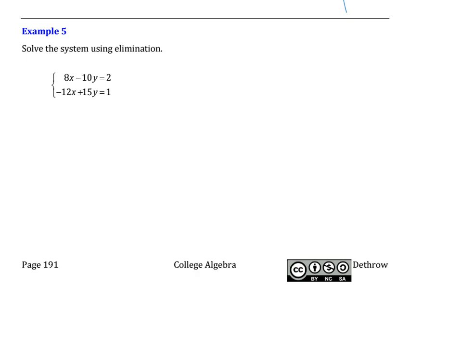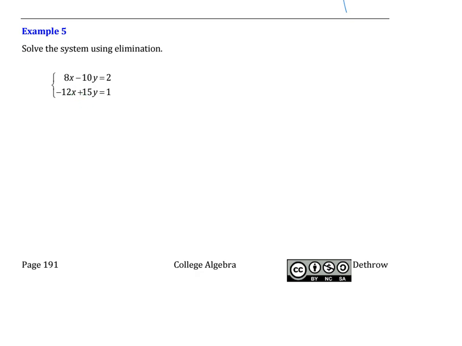Example 5. So we have 8x minus 10y equals 2, and negative 12x plus 15y equals 1. So let's go ahead and try to find coefficients that would be equal and opposite. If we look at the y's and try to eliminate the y's this time, they already have opposite signs. So 10 and 15 both go into 30.